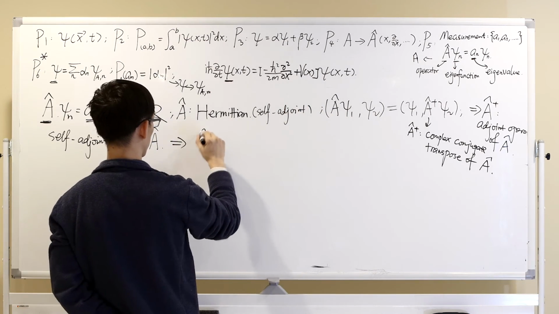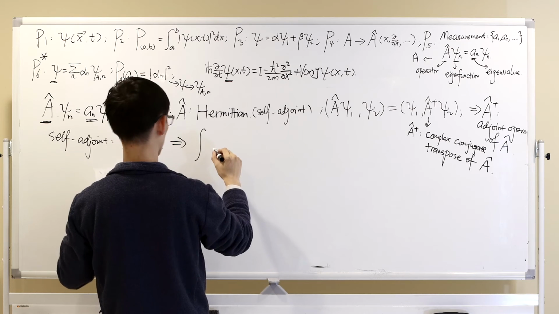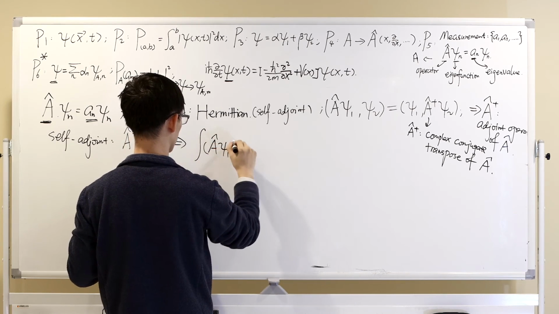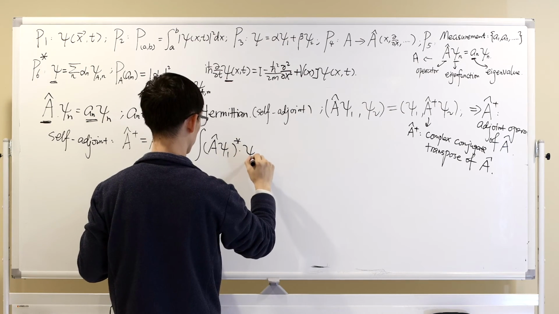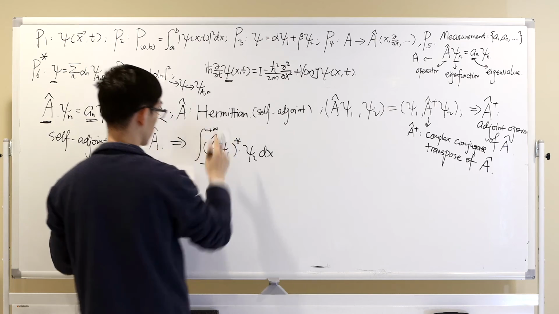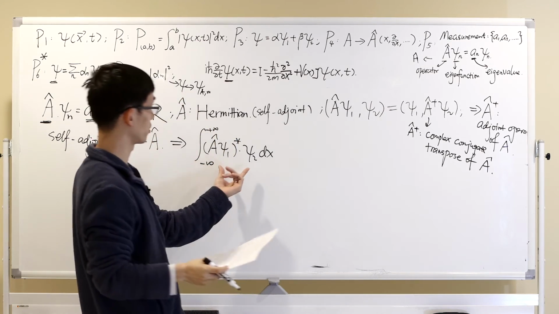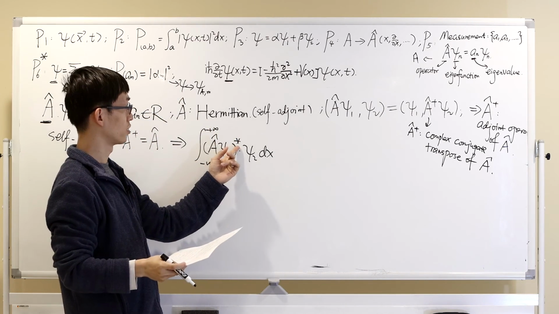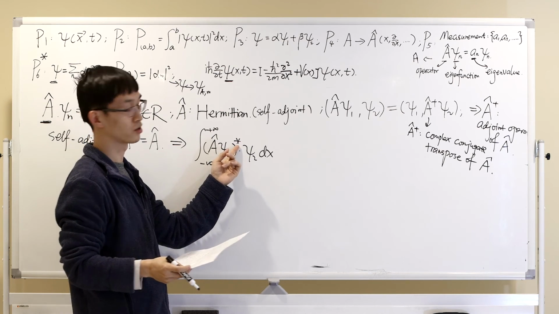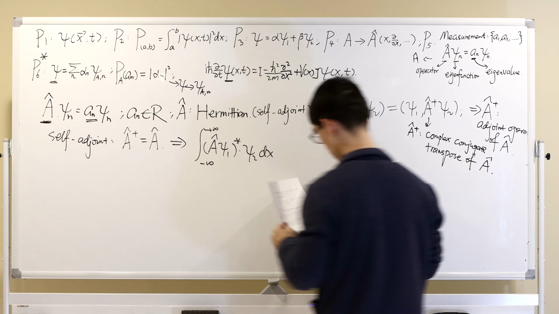If we use this definition, adjoint means that the inner product of Aψ1 and ψ2, right? This is Aψ1, this is ψ2, and then you do the inner product. For the inner product, you need to have a complex conjugate here, which is what we just said.